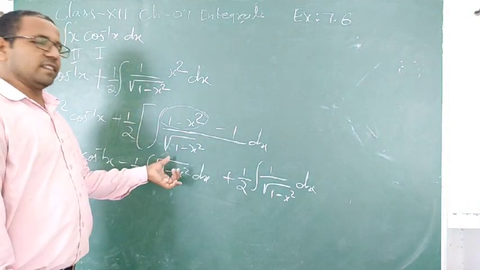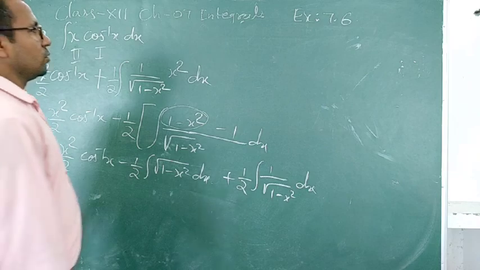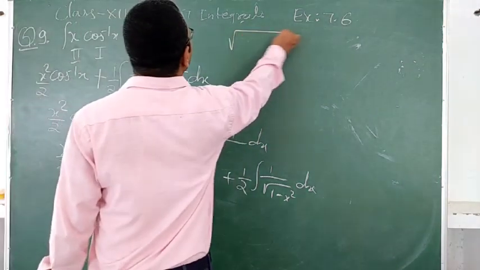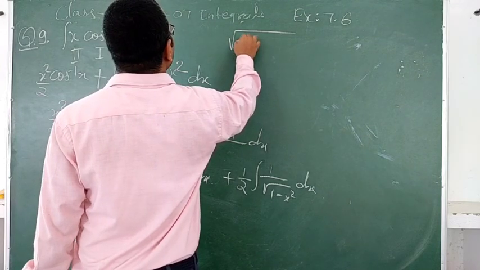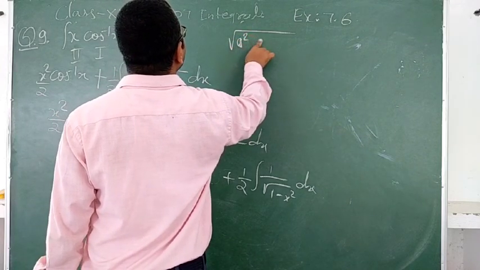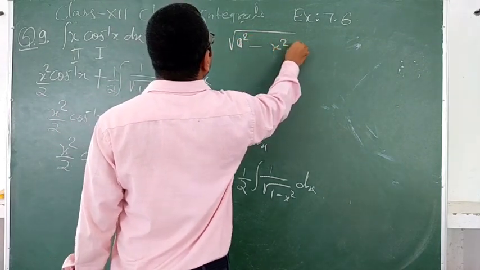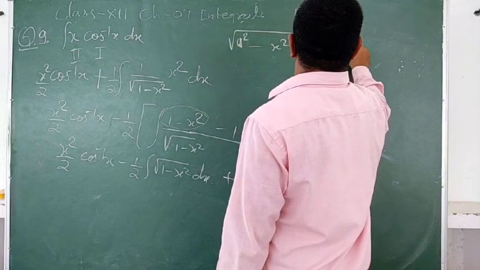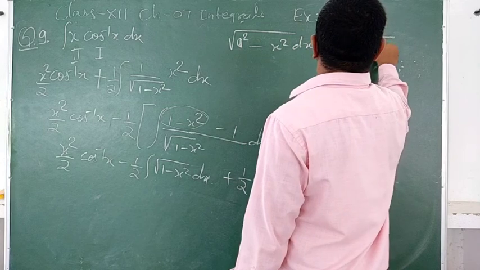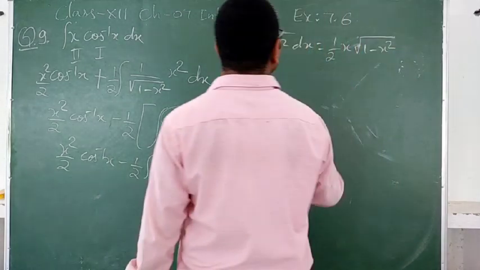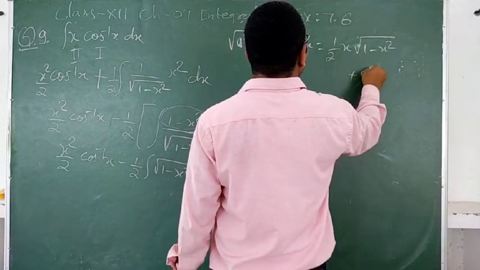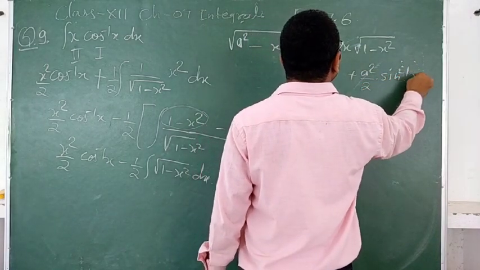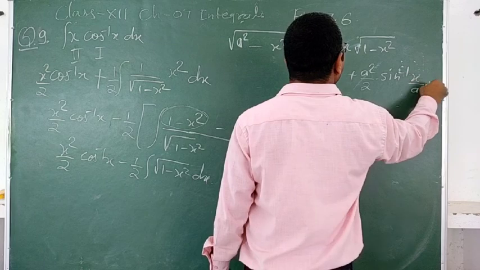the integral of this one we have just seen in the formula. So what was the formula? That is integral of root a square minus x square dx is 1 by 2 x root a square minus x square plus a square by 2 into sin inverse x by a plus c.